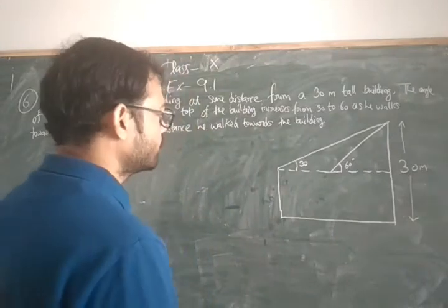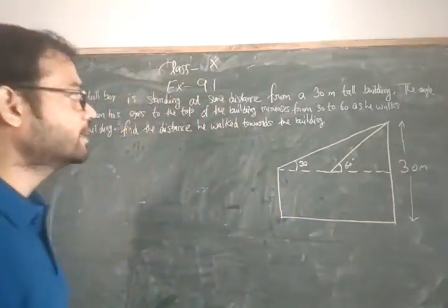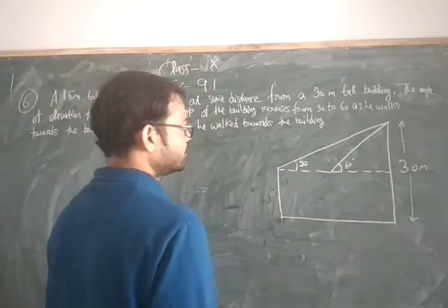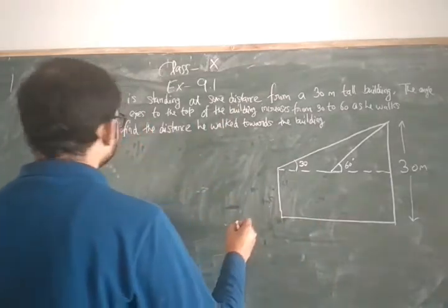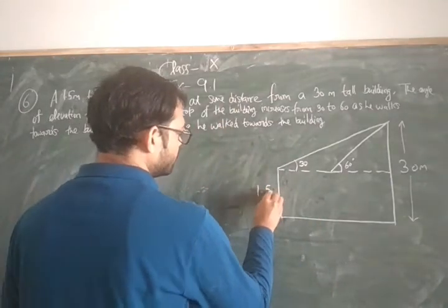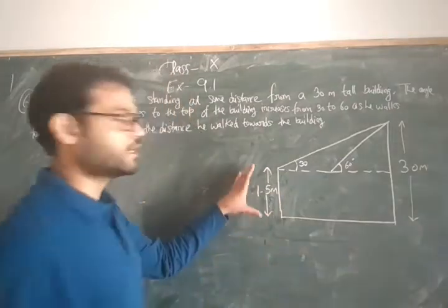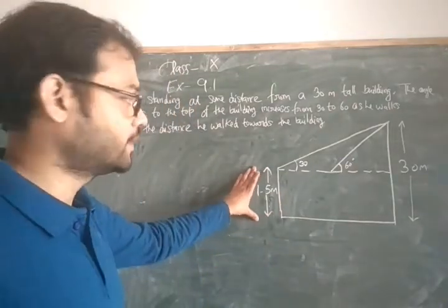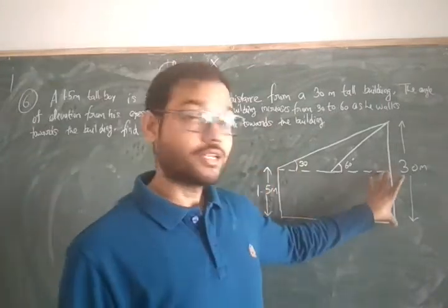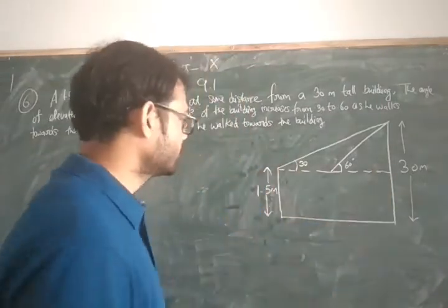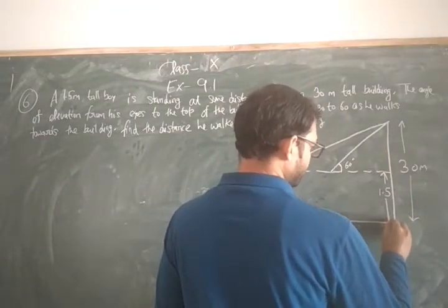Got it? So for this one, this is your 30, and I am writing here that the height of the boy is 1.5. Also given, the height of the boy is 1.5 meter. So if it is 1.5 here, then it will also be 1.5 here. I can write this also 1.5.